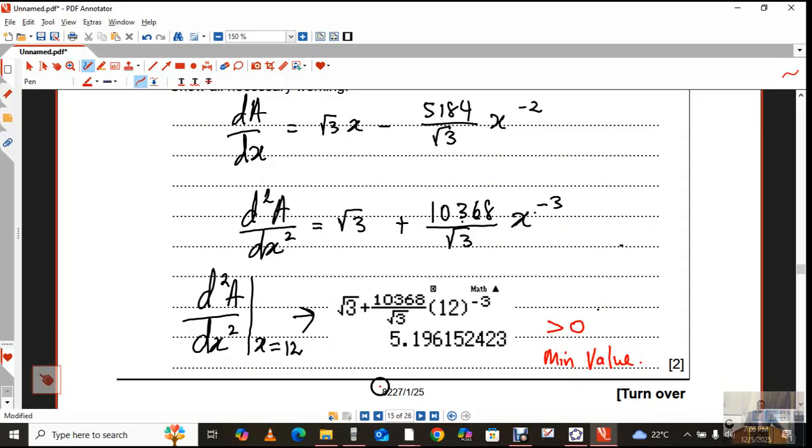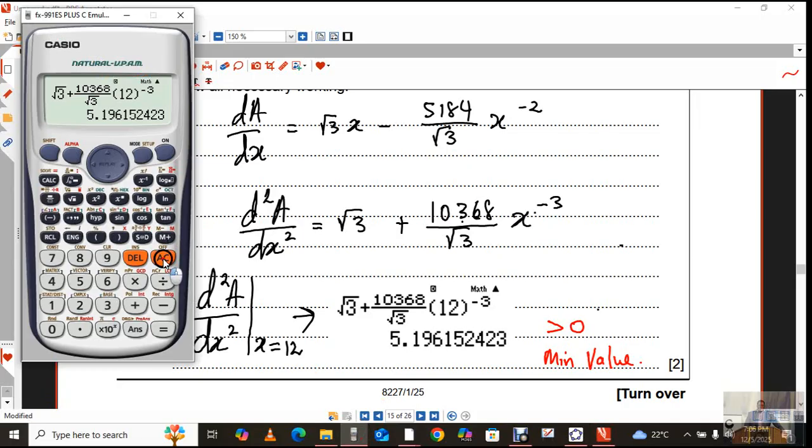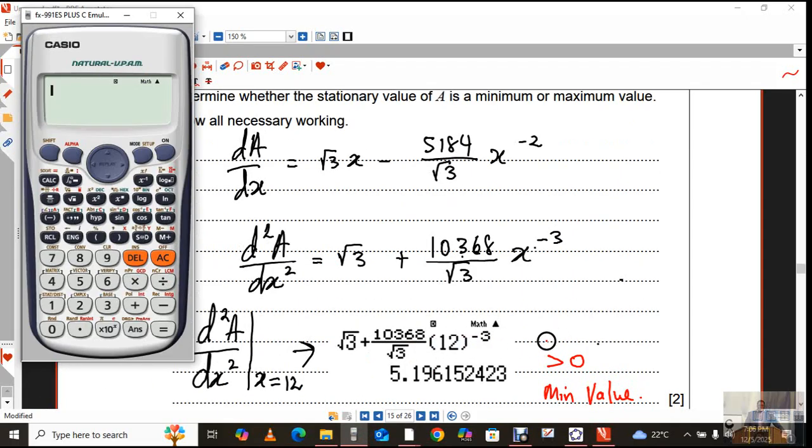I'm going to do something interesting, and I'm going to use this calculator. They might not allow you to use this calculator. So I'm going to find the second derivative of this.